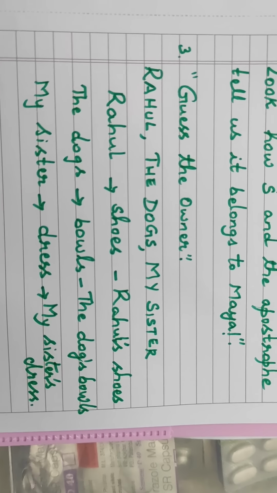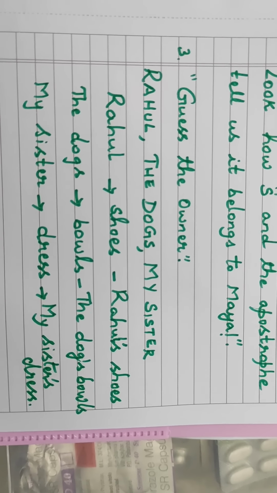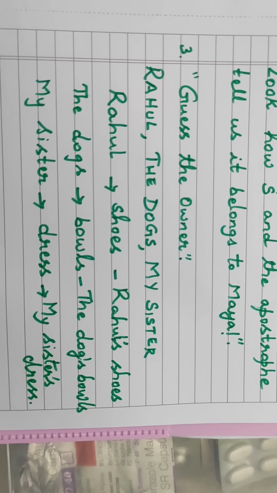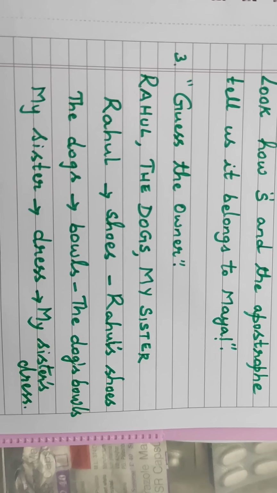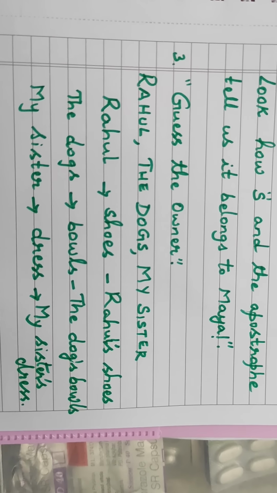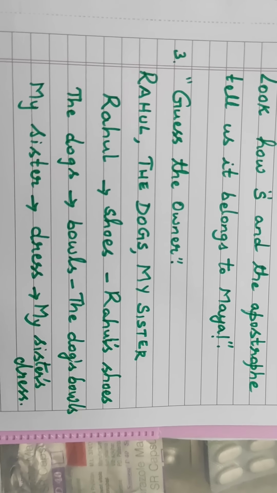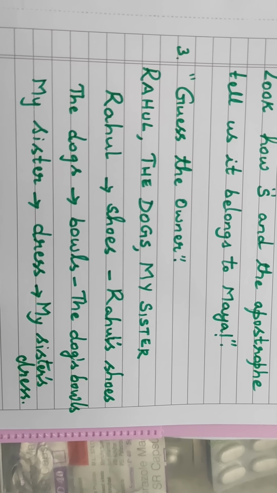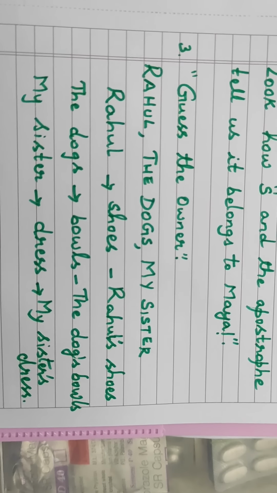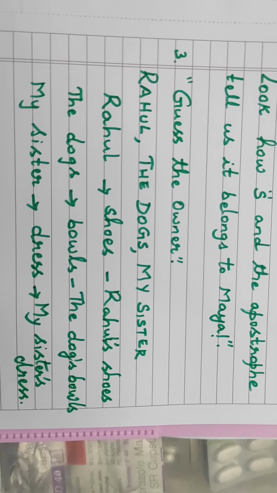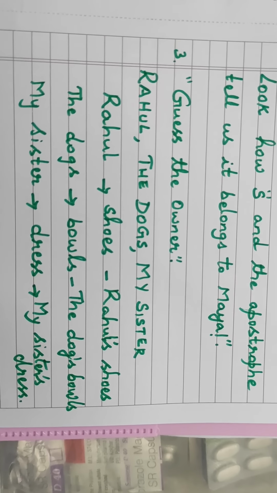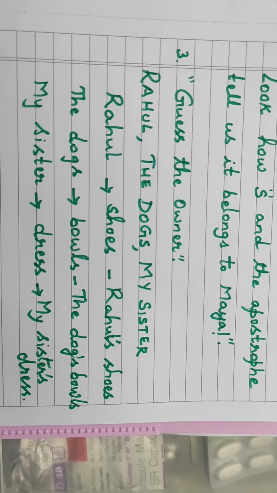The dog's bowls. Again, for the dog, bowls are mentioned. Dog apostrophe s bowls. The bowls belong to the dog. My sister dress. My sister's dress.